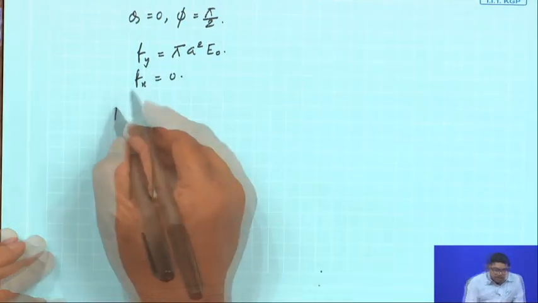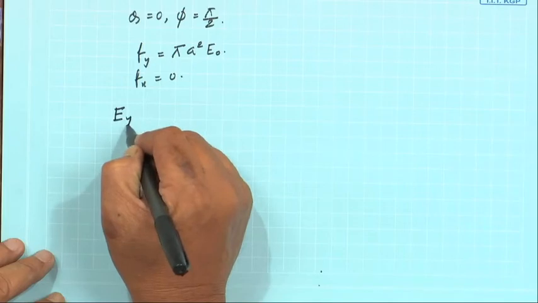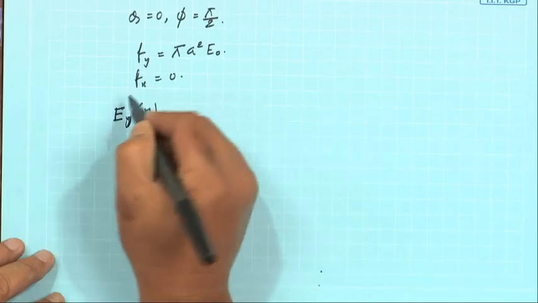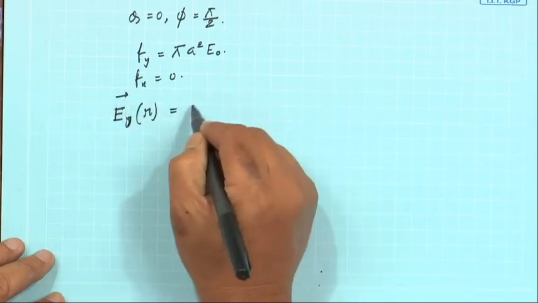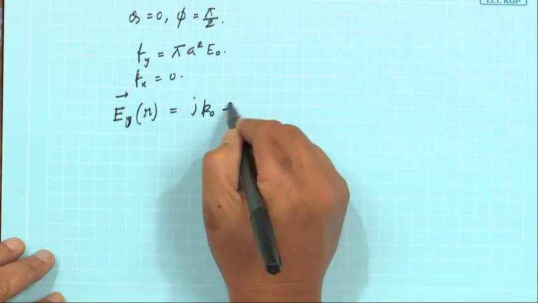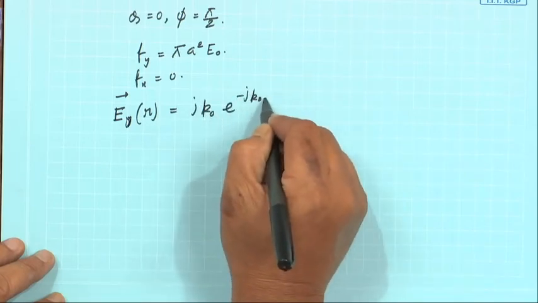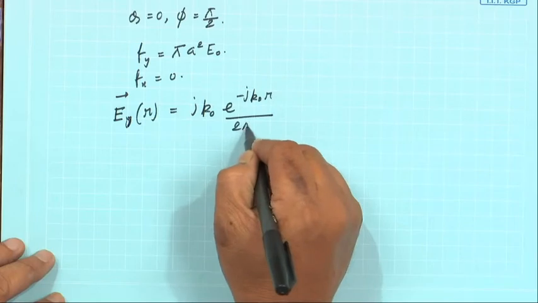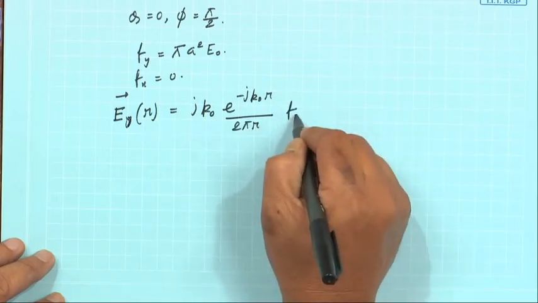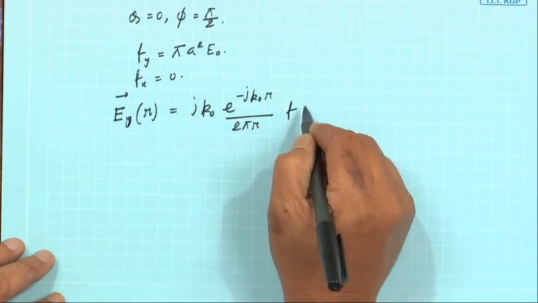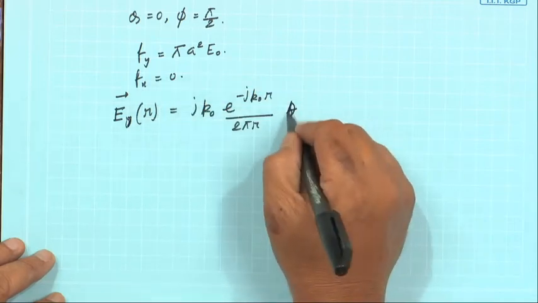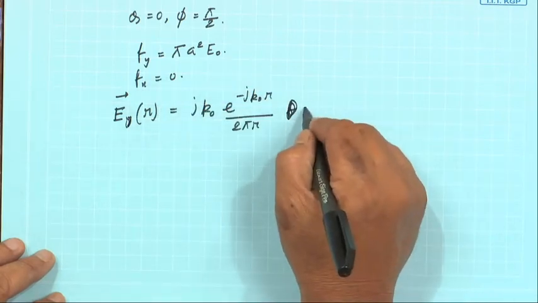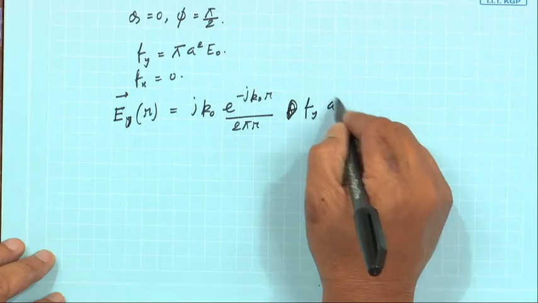We can say that the E radiated field will be j k naught e to the power minus j k naught r by 2 pi r times f y a theta.